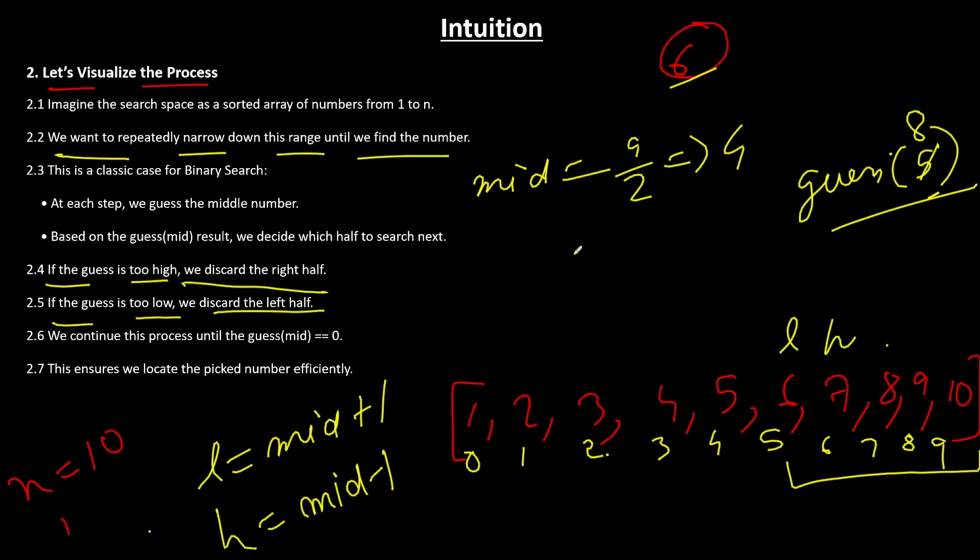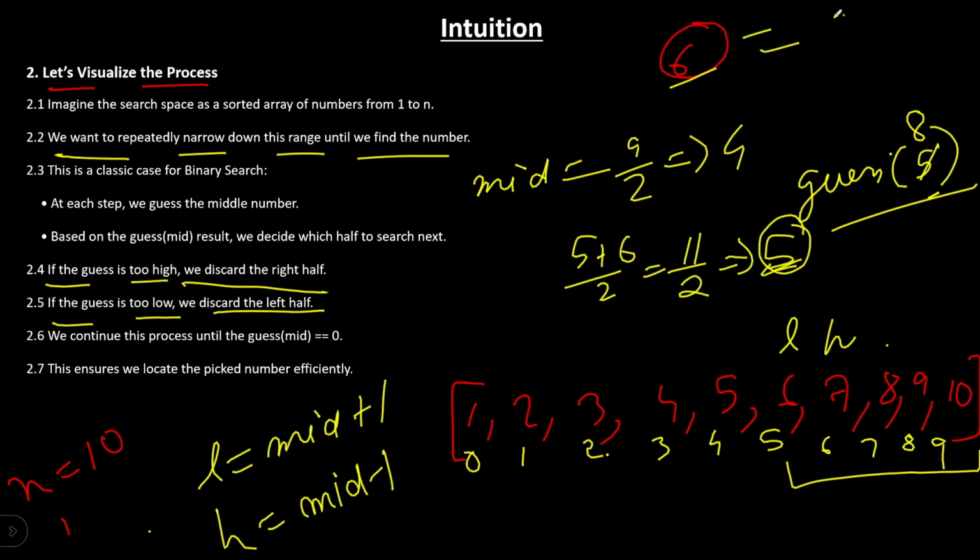Again, now we have 5 plus 6, which is basically 11, right? 11 by 2 gives me 5, correct? Now the mid value is at the 5th index, which is 6, and it is equal to the value 6, right? So the guess function will return 0 this time. Now 0 means that we have found the real value which we were required to find, right?